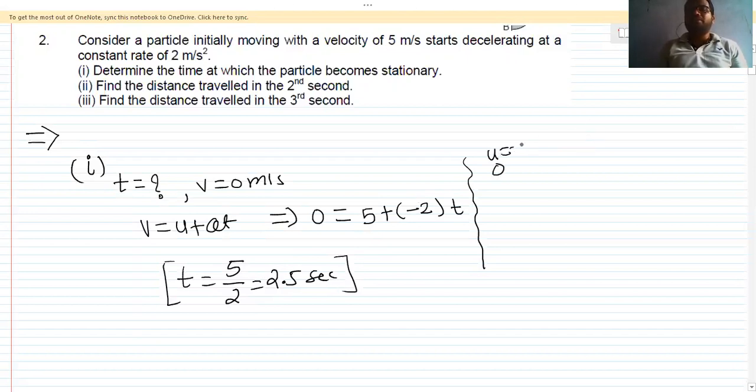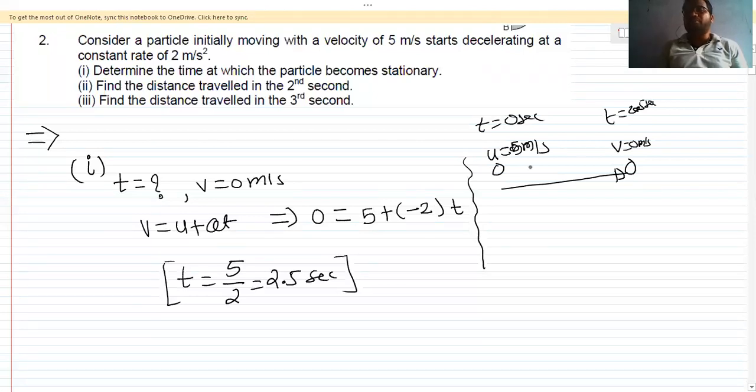At this point it will be with velocity 5 meter per second, and at the final point it will become 0 meter per second. So from 0 second till t is equal to 2.5 seconds, we can say the path or the distance is equal to the displacement.